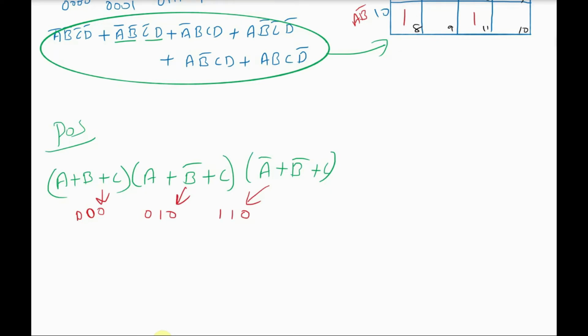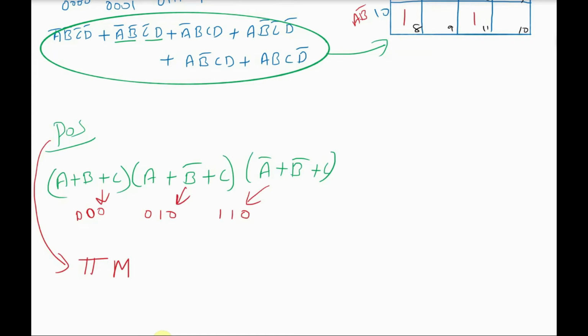As in the last case, a POS expression can also be written, or the question can be given, as pi of, pi means product, the product of maxterms, capital M. We have already seen in the previous videos that in POS expression, the sum term is known as maxterm.